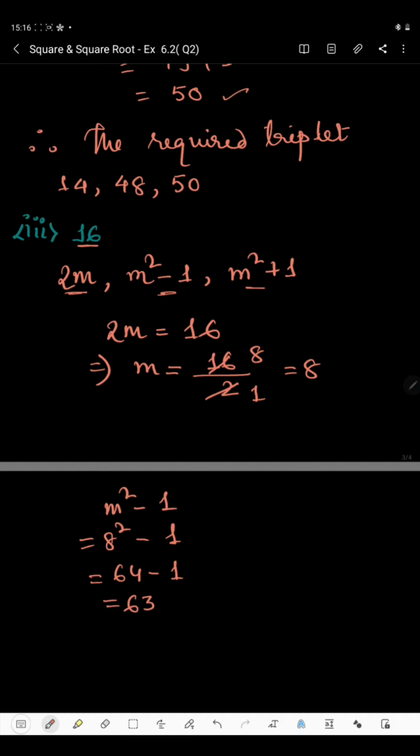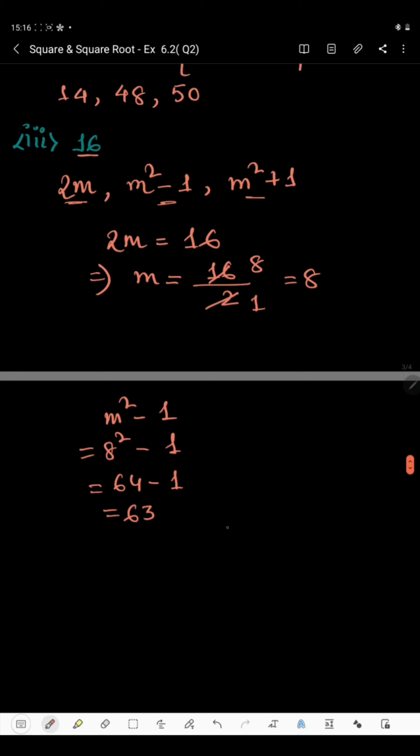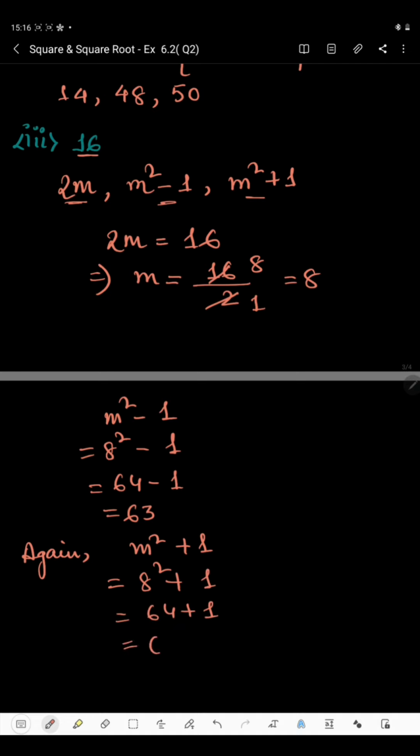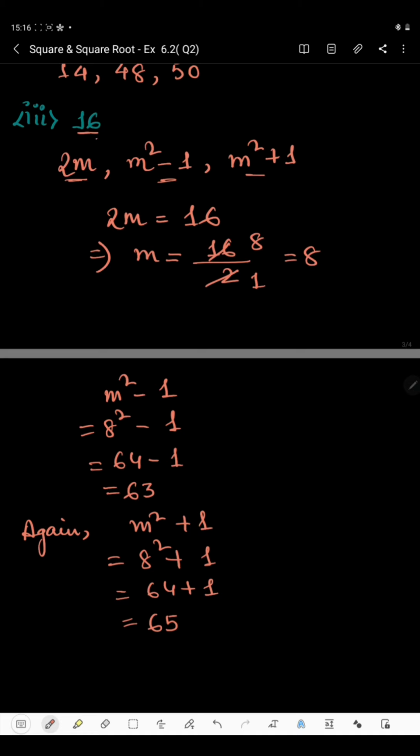So the second member of the Pythagorean triplet is 63 and the third member will be m square plus 1. The value of m is 8 again, and 8 square means 64. So 64 plus 1 is 65. So the three members of the Pythagorean triplet are 16, which is given, then 63 and 65.